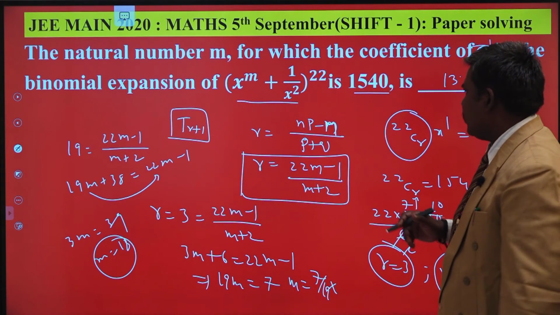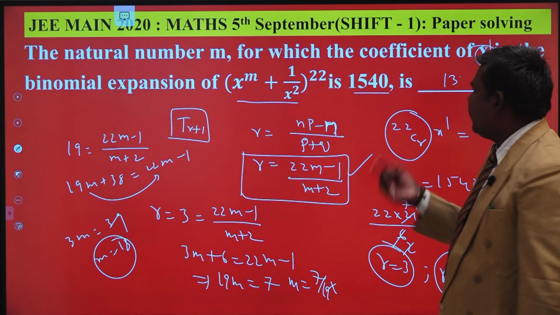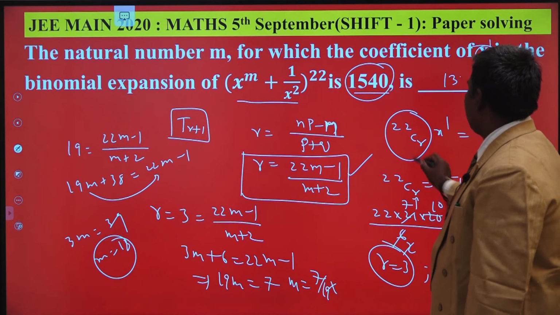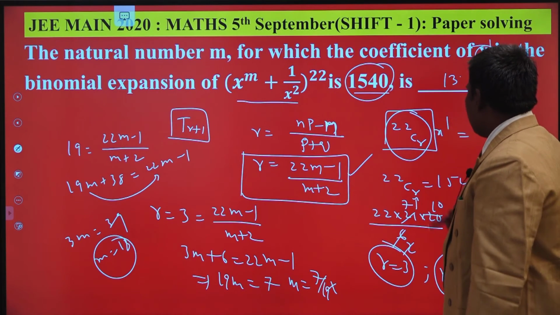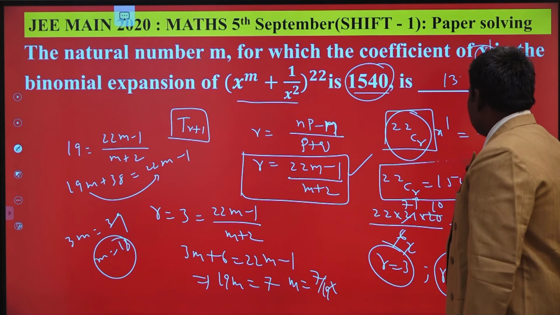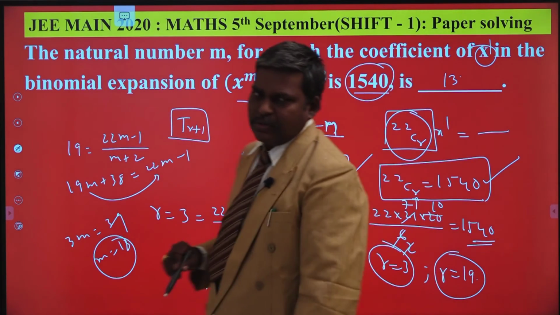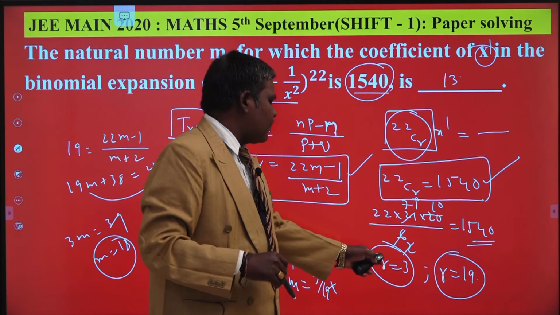So first of all you have to learn r equals (np minus m) by (p plus q). After that, one twist is also given to you, that is the coefficient of x is given. You have to take 22Cr, and one more thing, you have to observe the value of r by using 22Cr equal to 1540. Put r equal to 1, 2, 3. By trial and error method you have to catch the value of r.